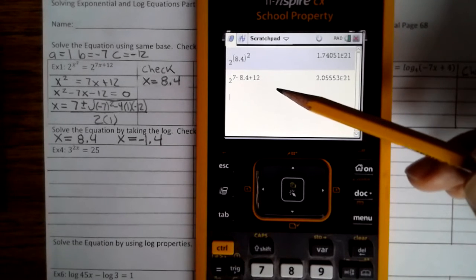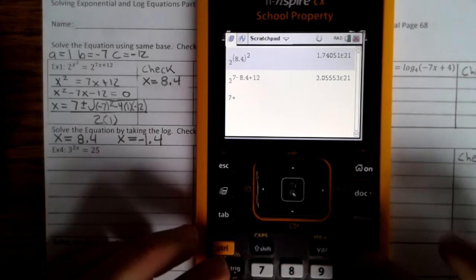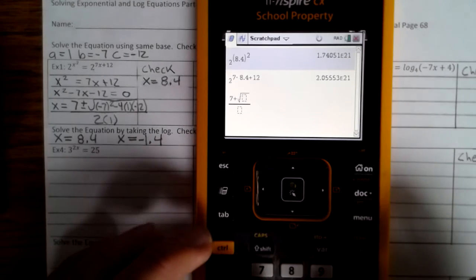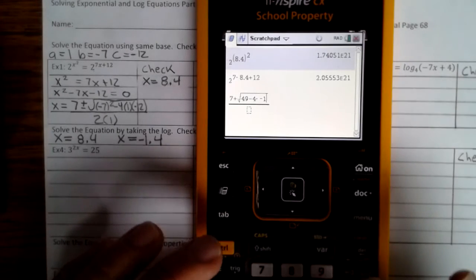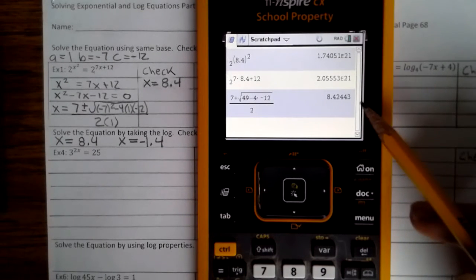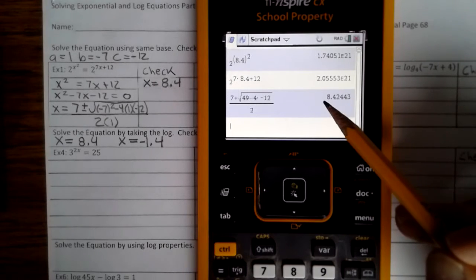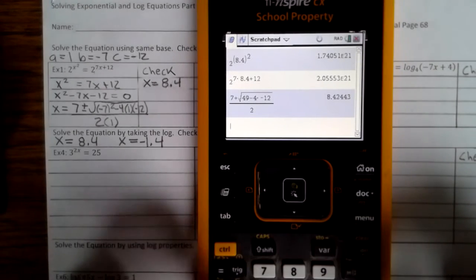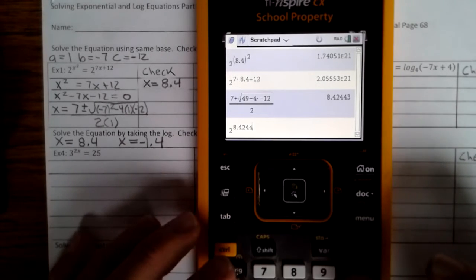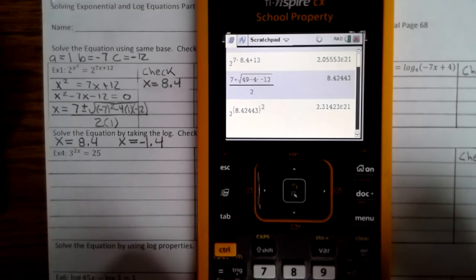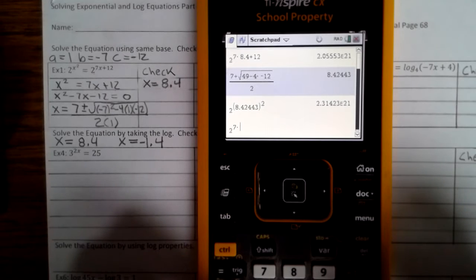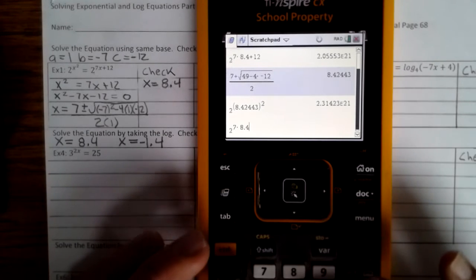So 7 plus the square root of 49 minus 4 times negative 12, divided by 2, is actually 8.42443. So when we check, we need to check with not the rounded number. So that's 2 to the 8.42443 squared, and then 2 up key 7 times 8.42443 plus 12.